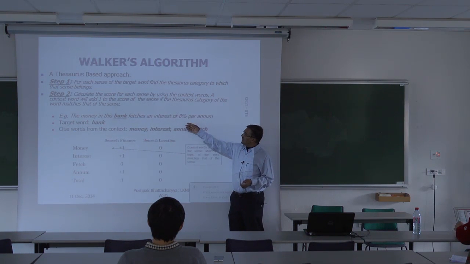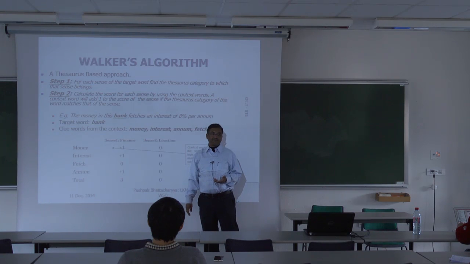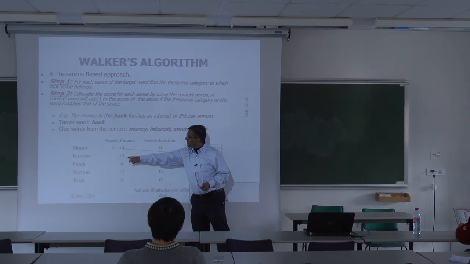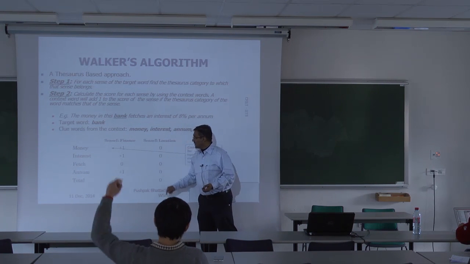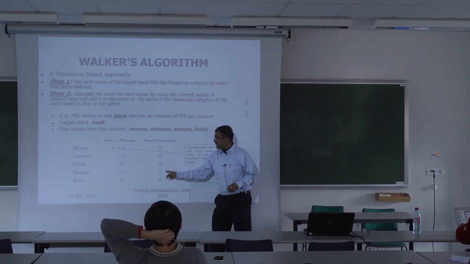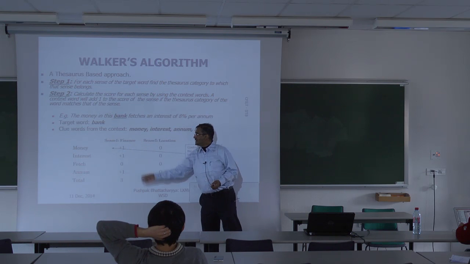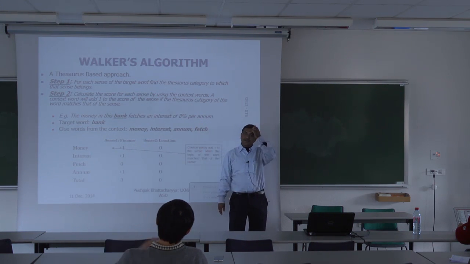Now, we look at the words in the neighborhood and try to see to which sense they contribute. So, here for example, the word interest contributes to finance sense, 0 to location sense, fetch 0 0, annum +1 here, 0 here. Totally we have 3 contributions in the finance sense, 0 contribution in the location sense, therefore, this is the winner sense. Okay.